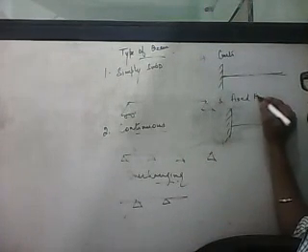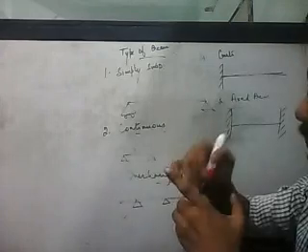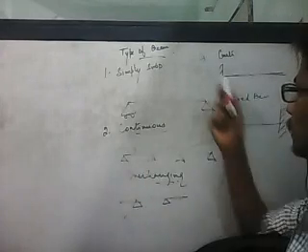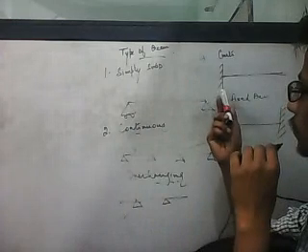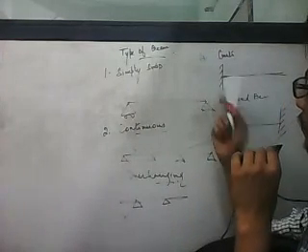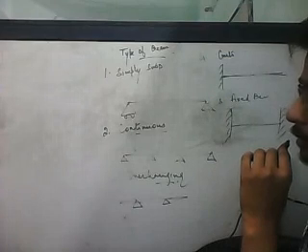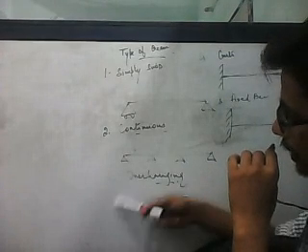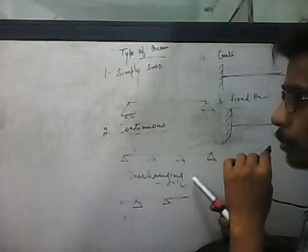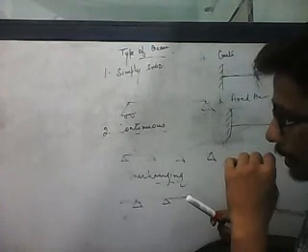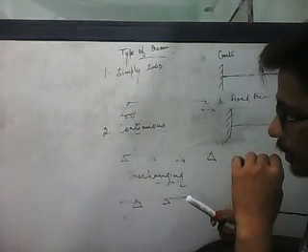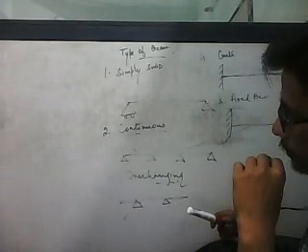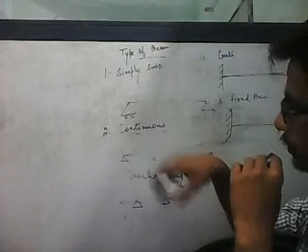These are the beams: fixed beam, cantilever beam, simply supported beam, continuous beam, overhanging beam. These two have fixed supports. The cantilever has only one end fixed, and the fixed beam has both ends fixed. Overhanging may be on one side or both sides, so it is single end overhanging or both end overhanging. This one is a continuous beam.